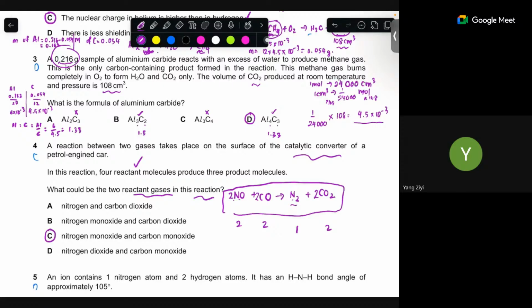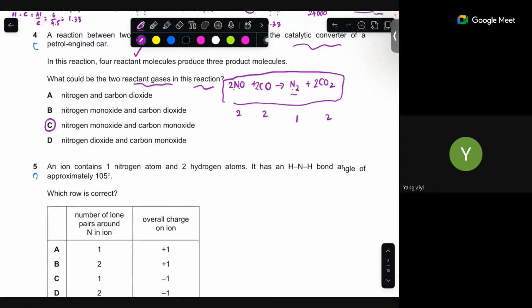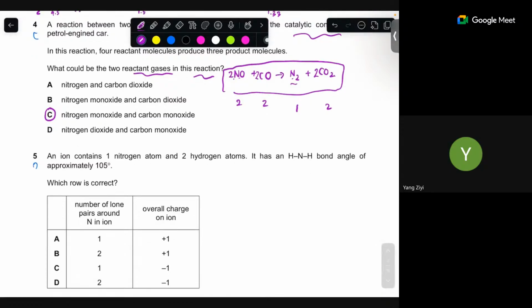So please remember. Now, for number 5, an ion contains 1 nitrogen atom and 2 hydrogen atoms. It has a nitrogen-hydrogen bond angle of approximately 105 degrees. Which row is correct?